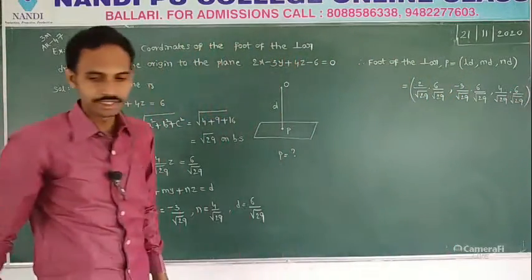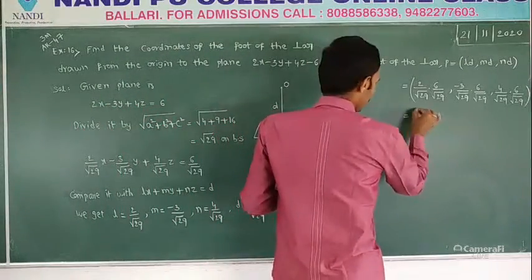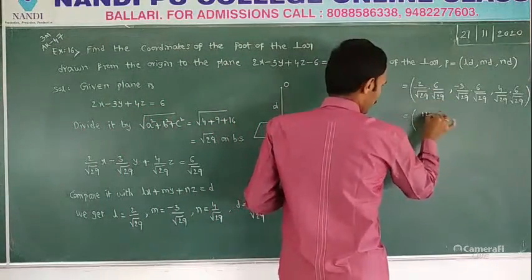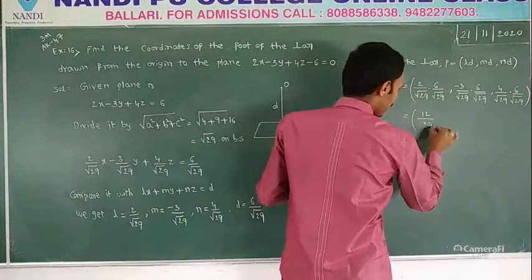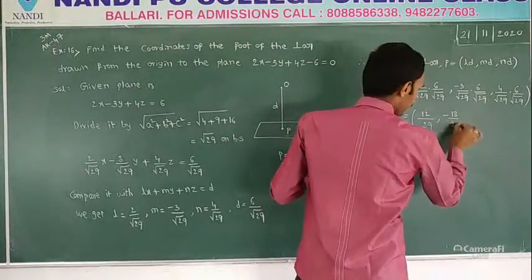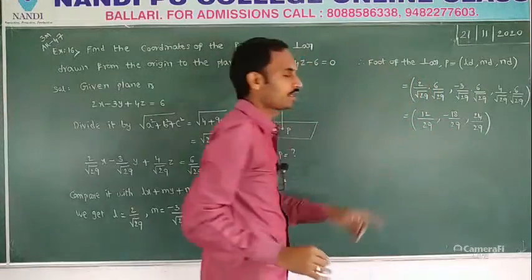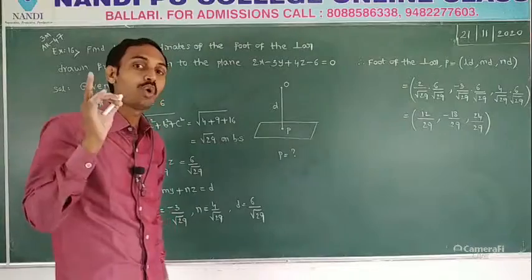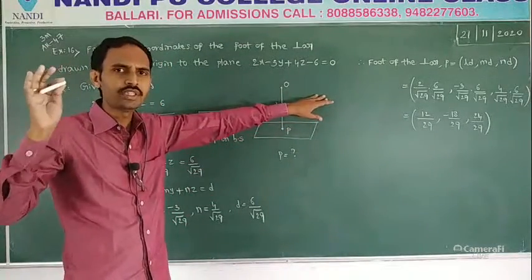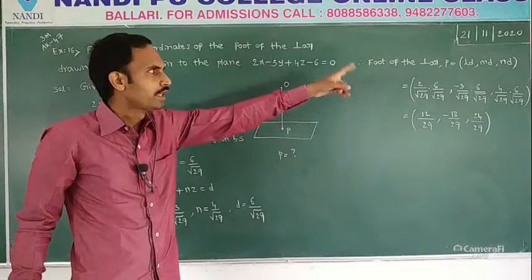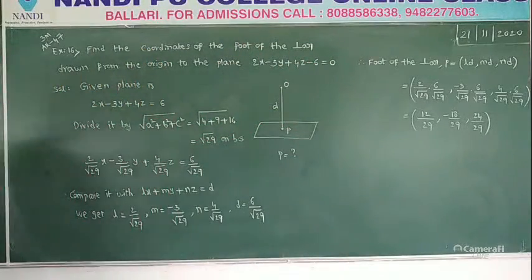That is 2 sixes are 12 by root 29 into root 29, which is 29, comma, minus 18 by 29, comma, 24 by 29. Okay, those are the foot of the perpendicular coordinates. I used the shortcut method. In the textbook they give the long method. We used the shortcut formula LD, MD, ND. Okay, do it. Write that question.